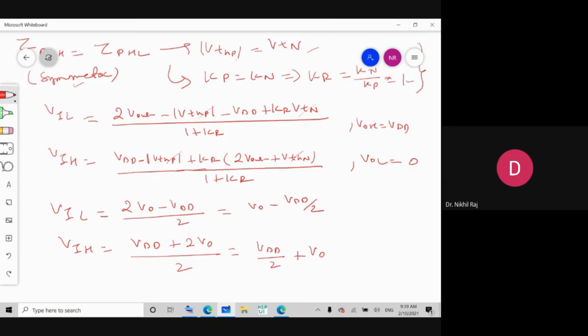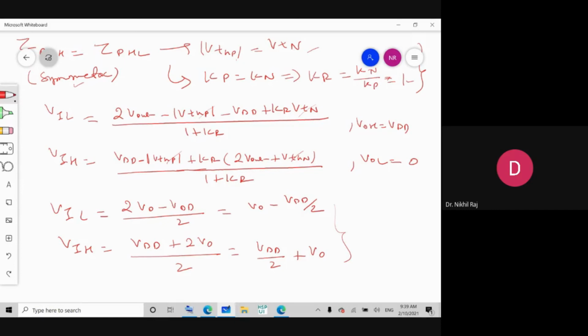And VIL is 2V out minus mod of VTHP minus VDD plus Kr VTN. Once you substitute, this minus VDD will come here. Okay, so we'll get this VIL and VIH.